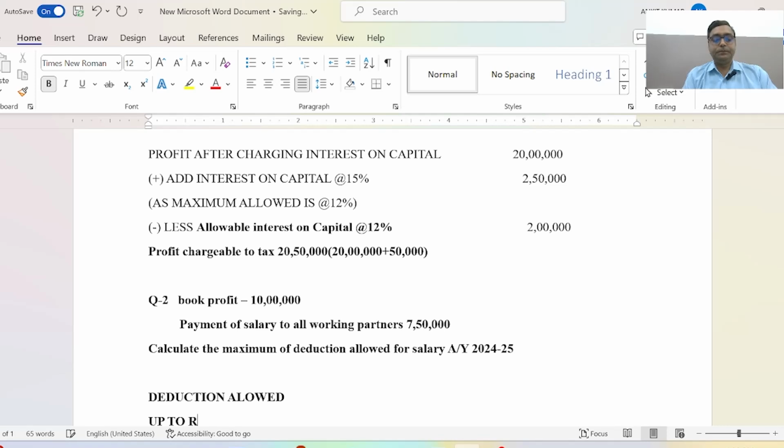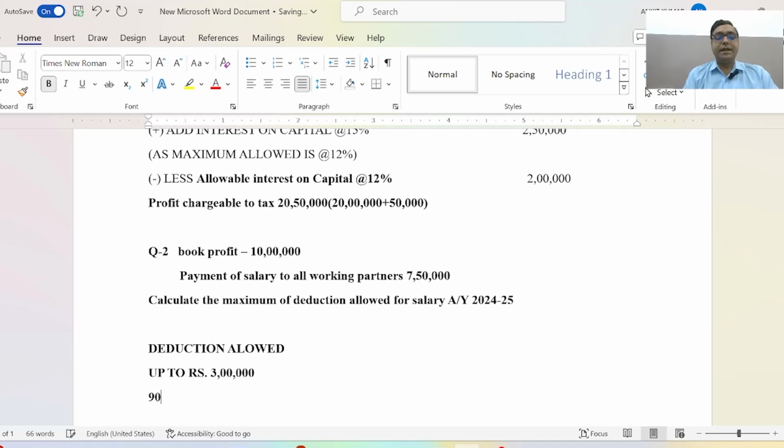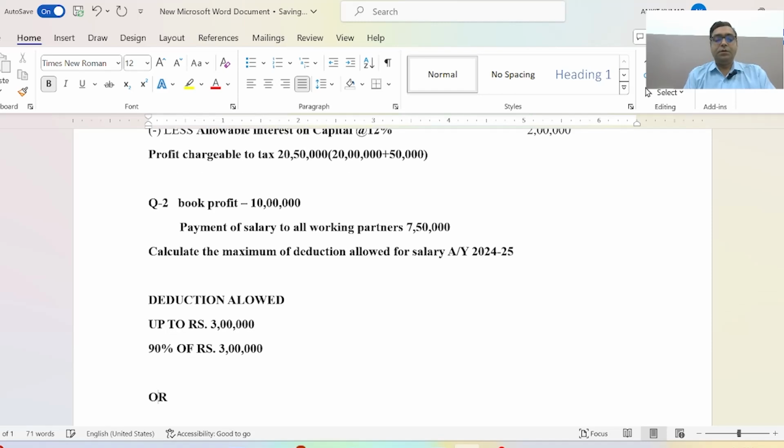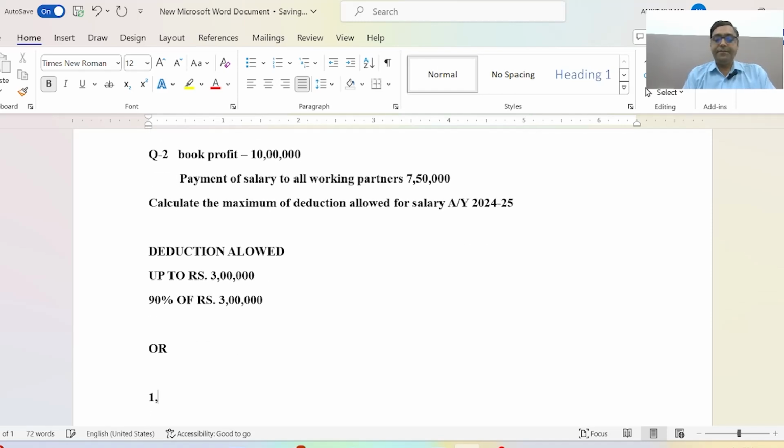Up to 3 lakh rupees, 90% of 3 lakh rupees, or 1,50,000, whichever is higher, as we have already discussed in the tax slabs and calculations for partnership deeds.